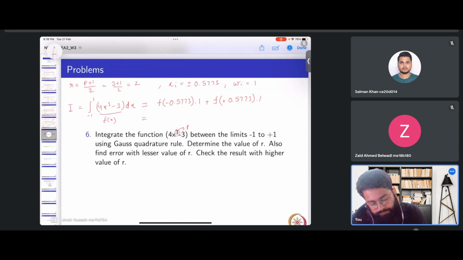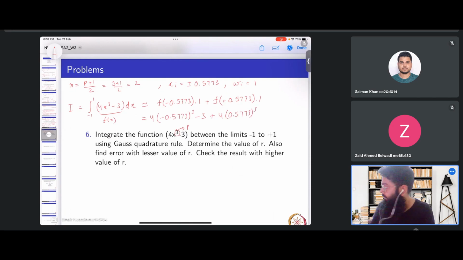Let's solve it here. So this is 4 into minus 0.5773 cubed minus 3, plus 4 into 0.5773 cubed minus 3.